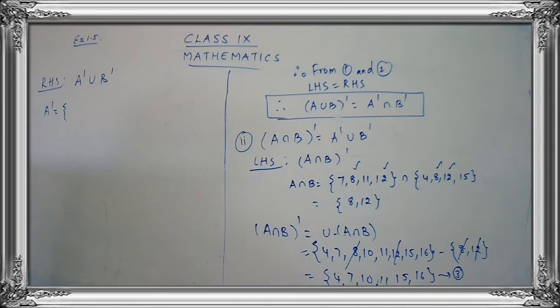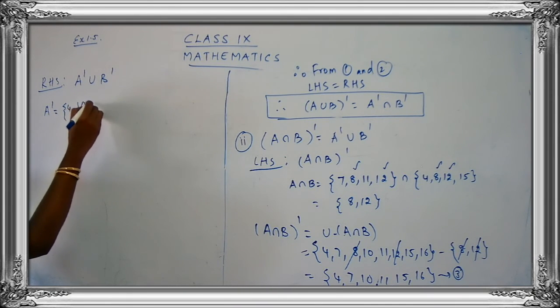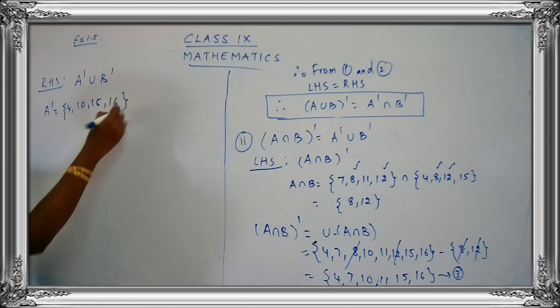A dash means not A. So it was 7, 8, 11, 12. We don't want 7, 8, 11, 12. So 4, 10, 15, 16.